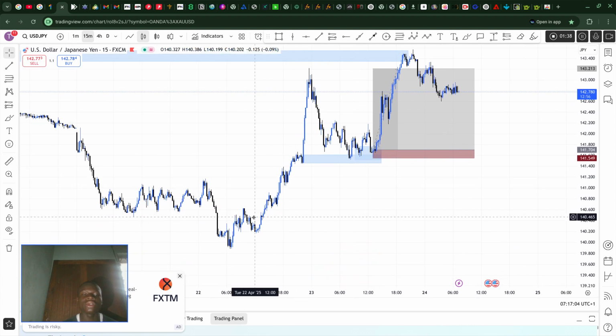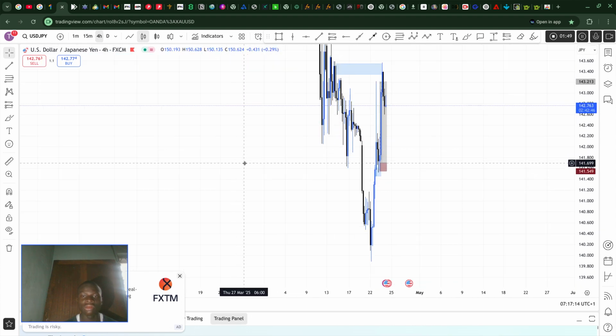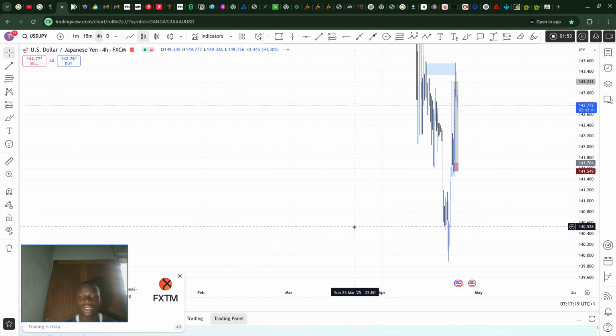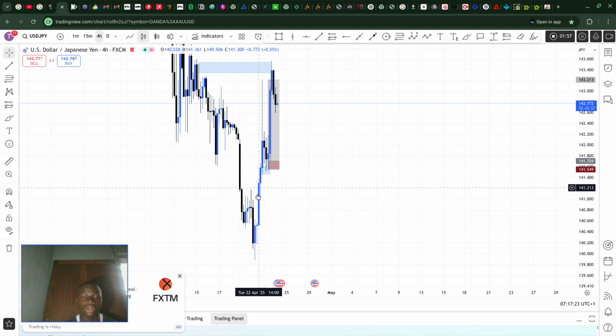As you can see, yesterday on the 4-hour time frame I wasn't sure whether we were in an uptrend or downtrend, but we are actually in an uptrend here.